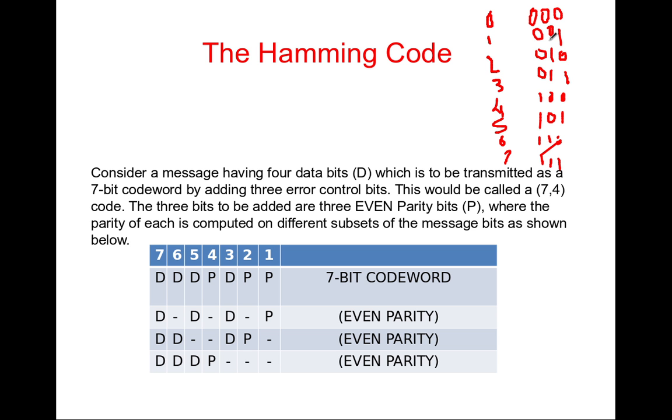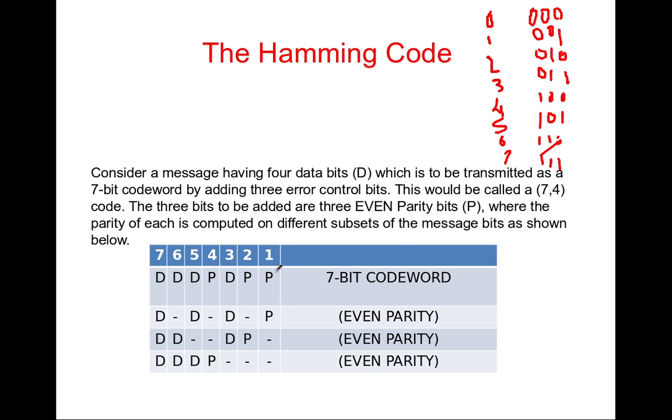For example, the data bits are 3, 5, 6 and 7. So 3 has 0 1 1, so it has got this particular 1 here. So 1 will be used in the calculation of parity for 3. For 4, this bit is not set, so 1 will not be used there. 5, this particular bit is set, that's why it will be used in the calculation. 6, this is 0, that's why it is not set, not used. 7, it is set, and so on.